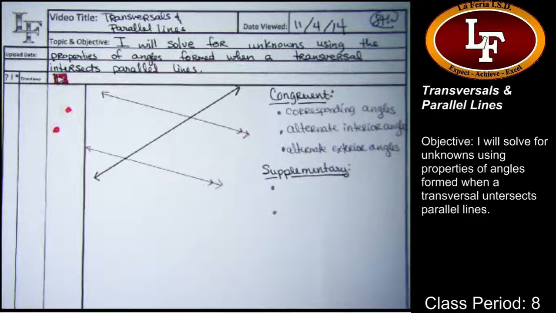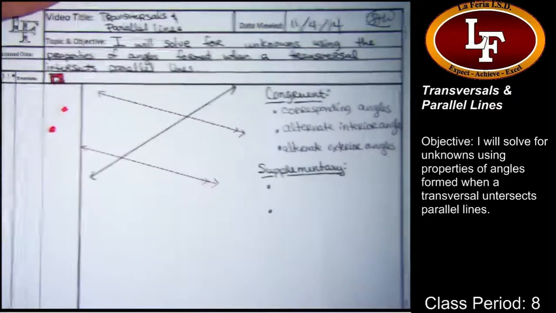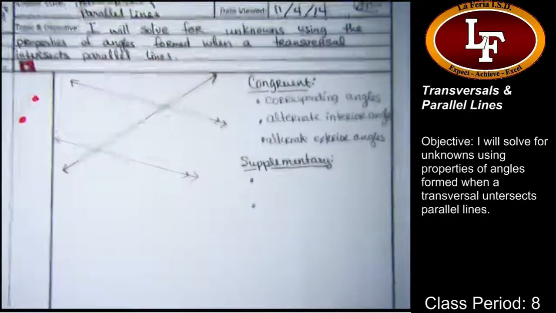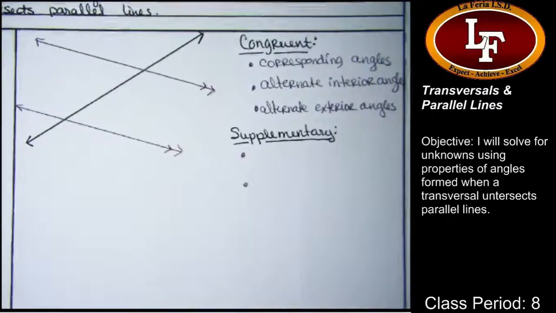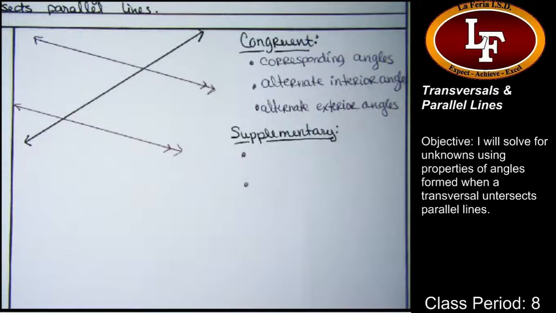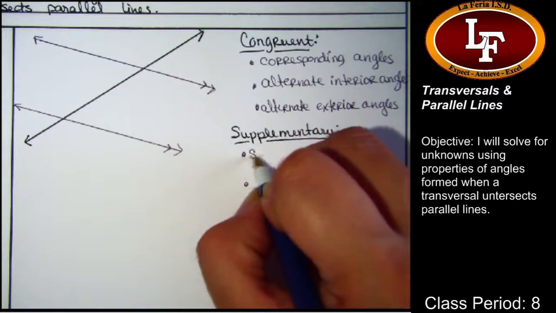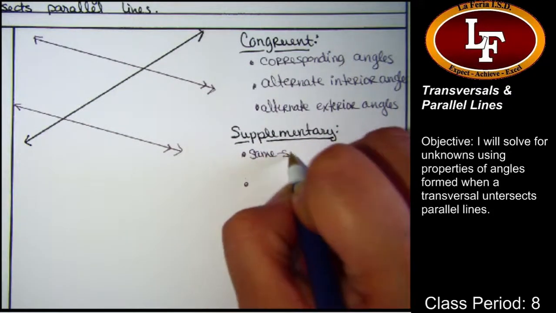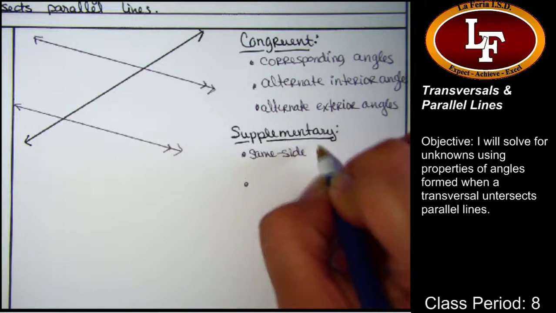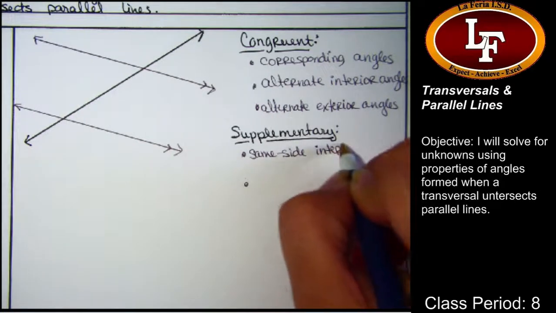I think I see some people squinting a little bit toward the back, so let me zoom it in a little bit. There you go. Of the 5 angle pairs that are created, the following 2 are supplementary. Same side interior.